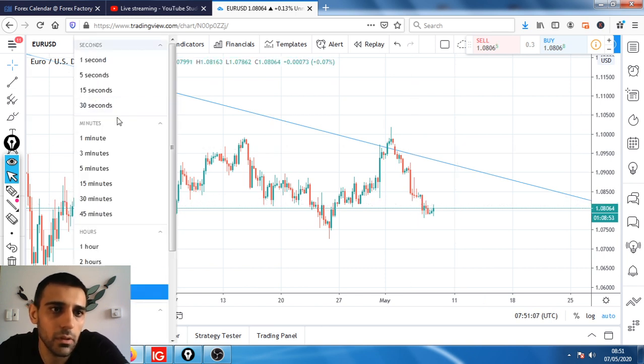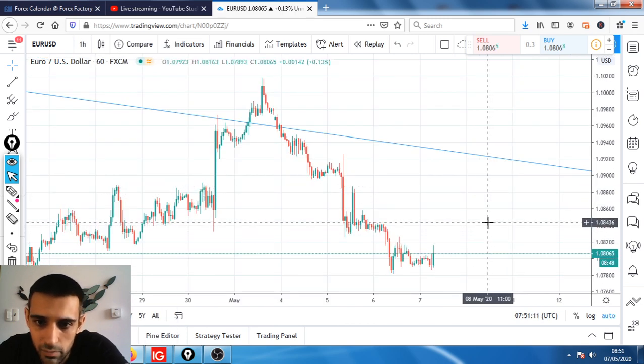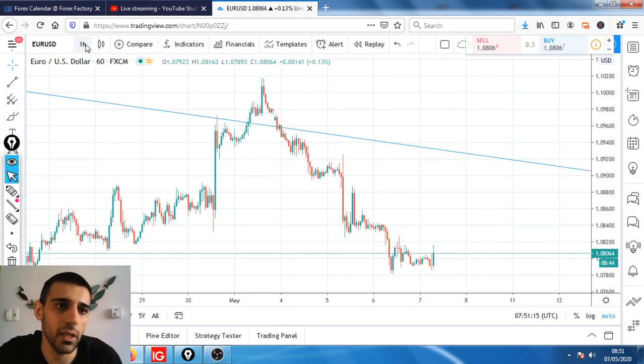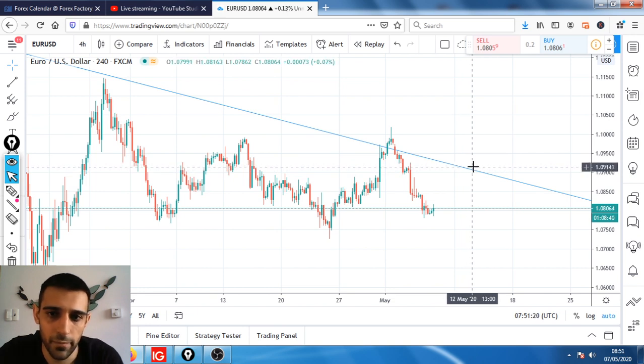Okay, I forgot what the entry was. 108.50. So the entry would have been down to 108.35, and the target is at, so that will be the first target.